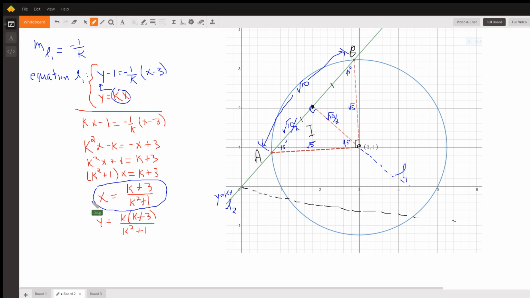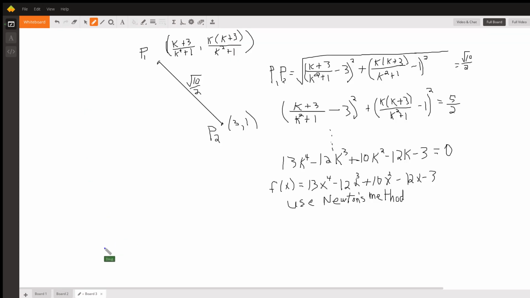So the coordinates of this point right here are what you see right here and here. And now I could write an equation that says the distance from this point to (3, 1) is the square root of 10 over 2. So let's go to the next board.